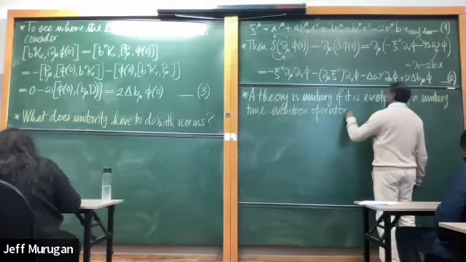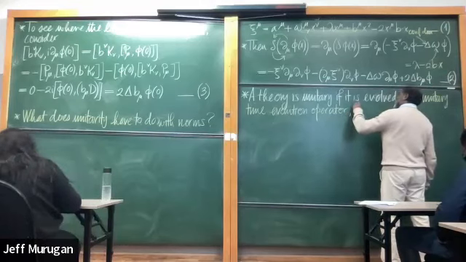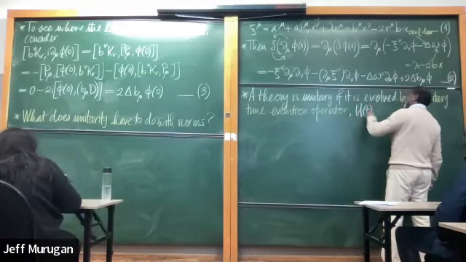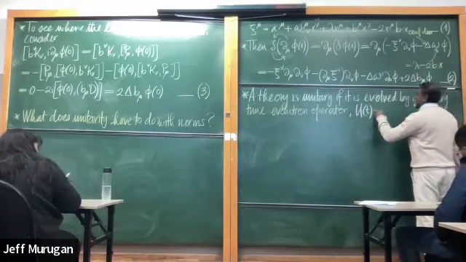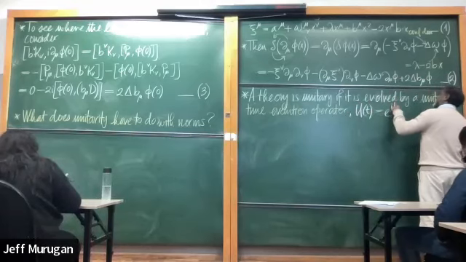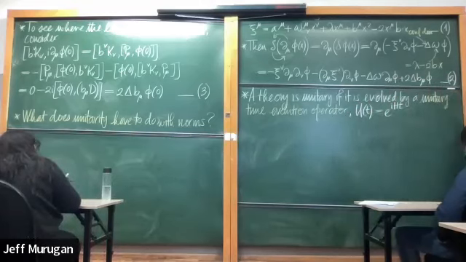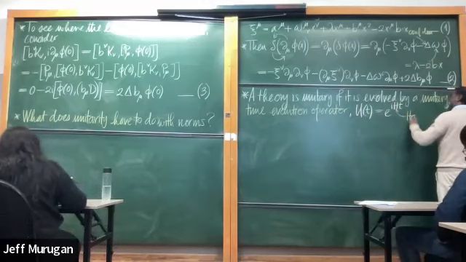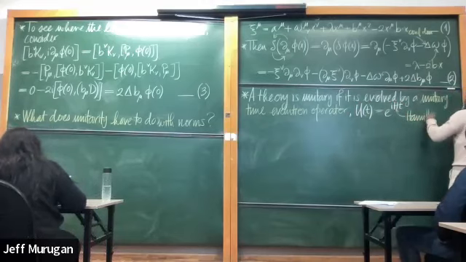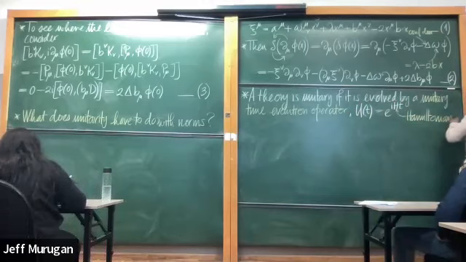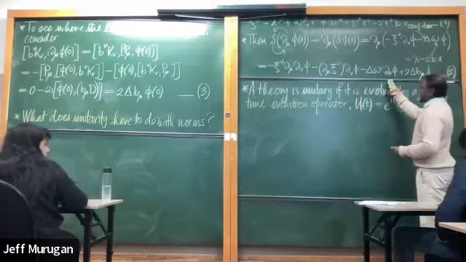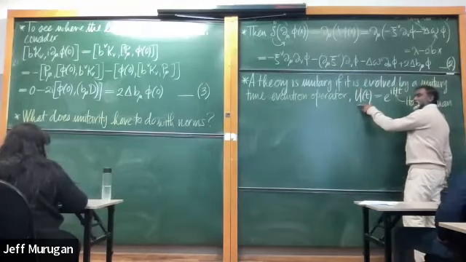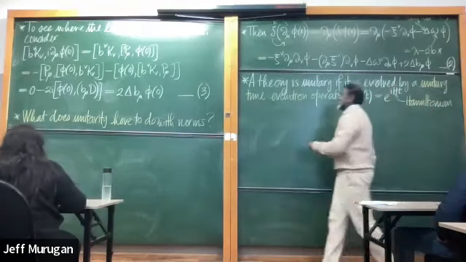So the time evolution operator U of t is e to the i times the Hamiltonian of the system times t. So for the theory to be unitary, I need this to be unitary, right?